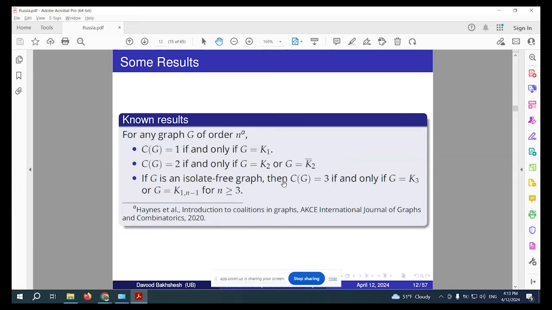If G is an isolate-free graph, that is, a graph without isolated vertices, then C(G) is equal to 3 if and only if G is equal to K3 or G is equal to the star with n minus 1 leaves.